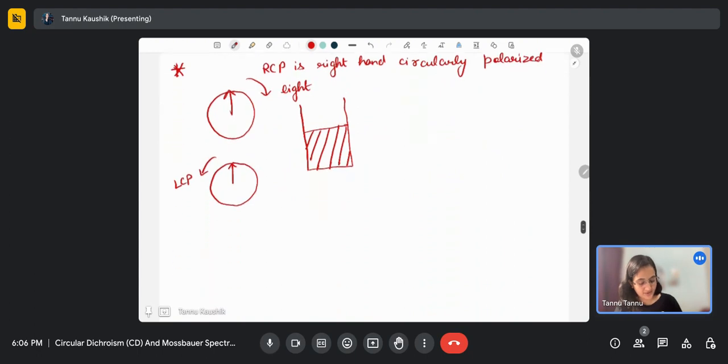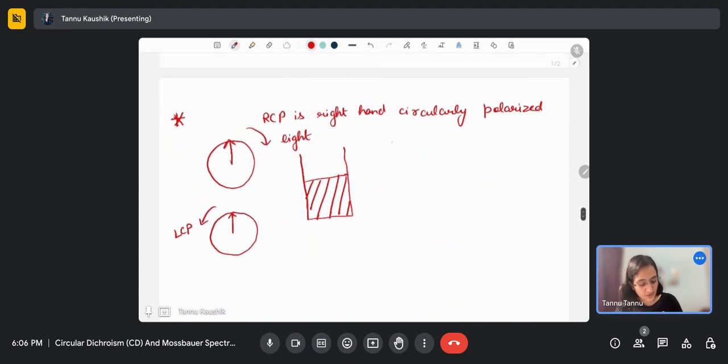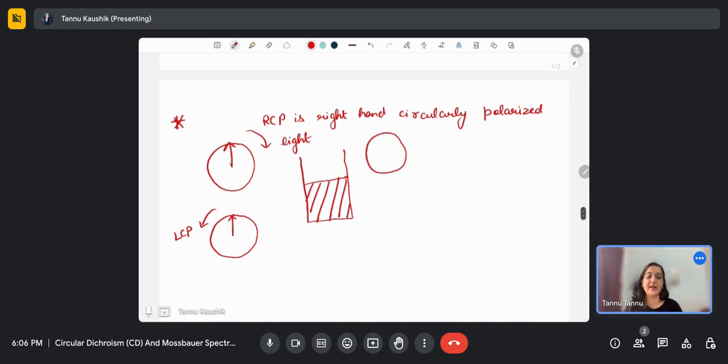we have already studied that if a molecule is chiral, then it will rotate the plane polarized light in a particular direction at a particular angle, which we also call optical rotation. So what is expected out of it?